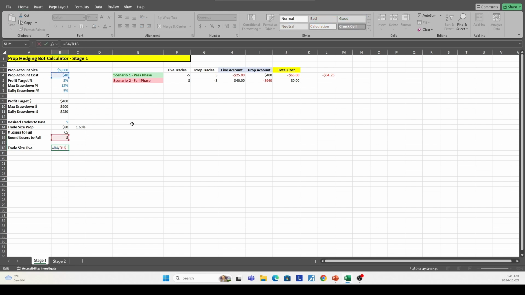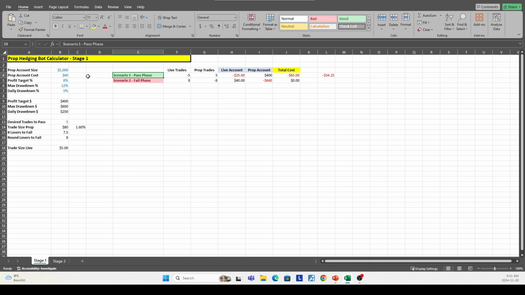The live trade size would very simply be taking the prop account cost, the amount that we paid for the prop firm, and dividing it by how many trades we would need to lose the prop firm challenge. There are two different scenarios here. Scenario one is passing the phase. This is one phase; this is a two-phase account example.